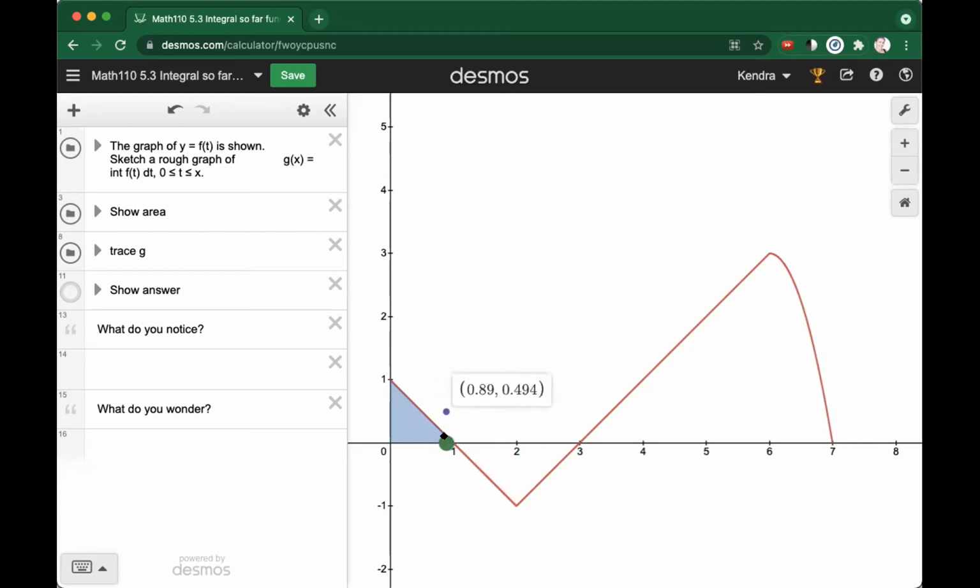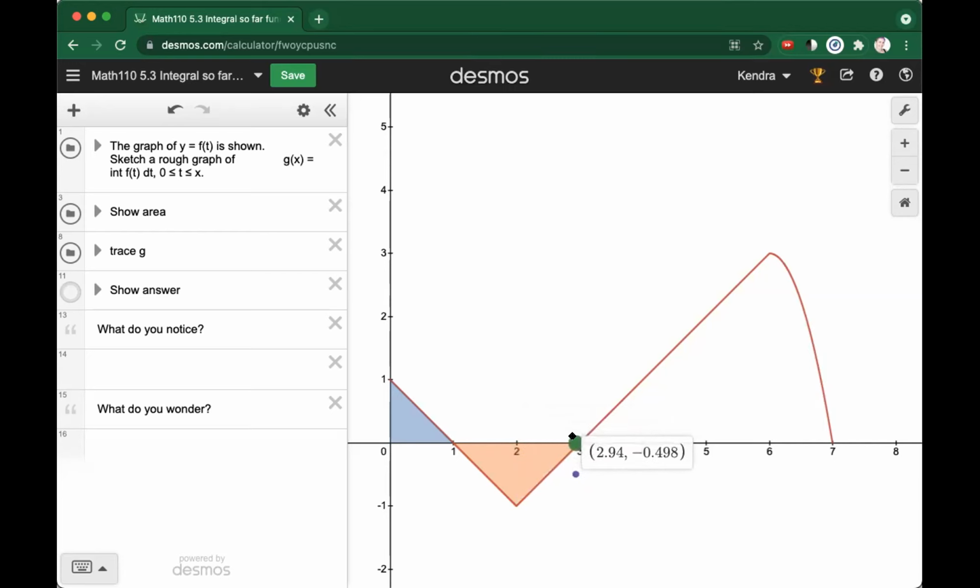So at x equals 1, the integral from 0 to 1 is going to be 1/2. And then as I continue along, at x equals 2, the integral is going to be 0, because I have the same amount above the x-axis as I have below the x-axis.